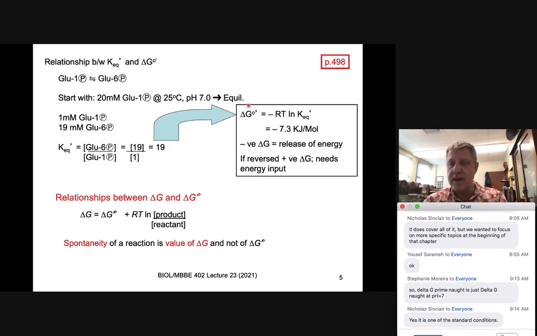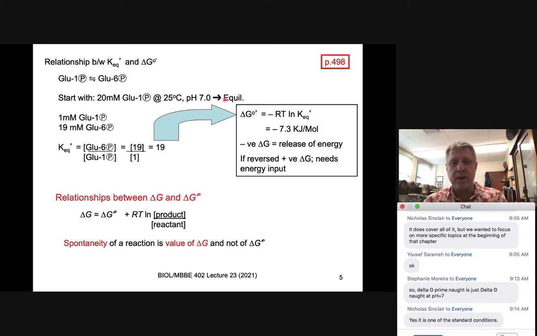So when we do all the math behind this, we get negative 17.3 kilojoules per mole. So from this reaction, we have a capacity to release energy at 17.3 kilojoules per mole, because it's a negative delta G prime 0.